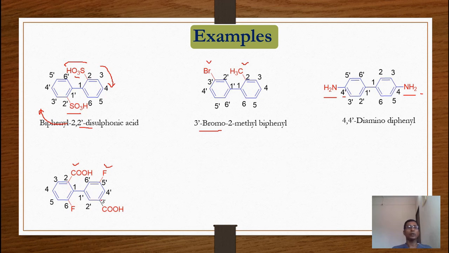And in the IUPAC name, it should be written as a suffix in the name of this biphenyl. Now here the fluoro groups receive positions 5 dash and 6, while the COOH groups receive positions 2 and 3 dash.